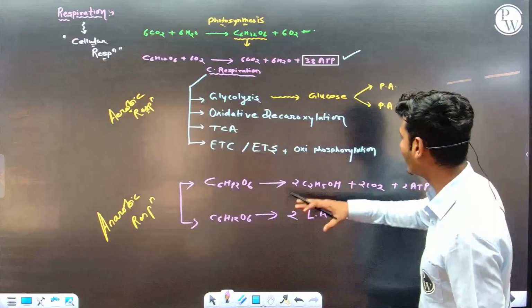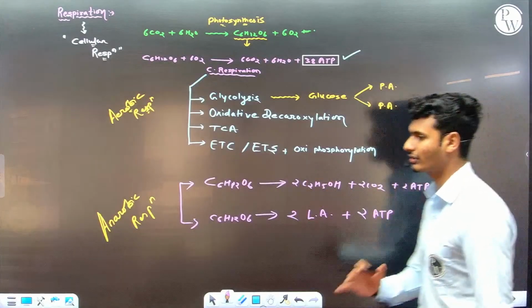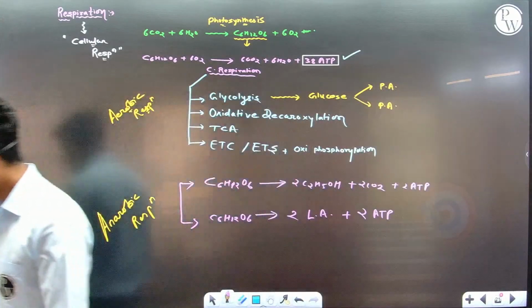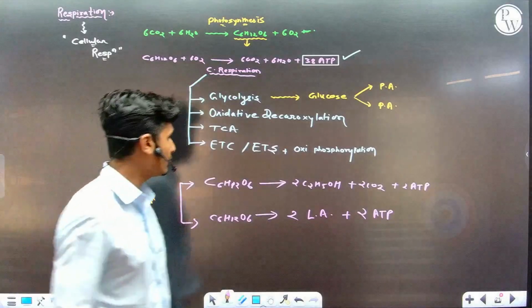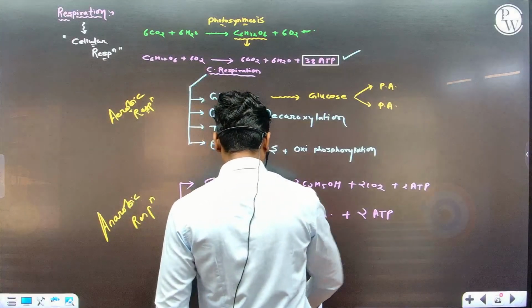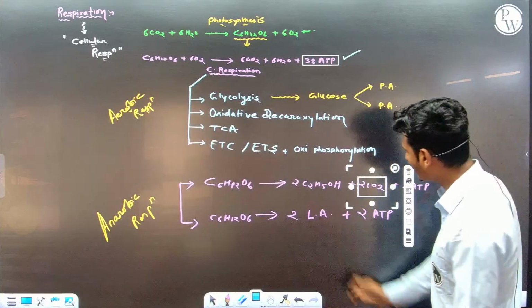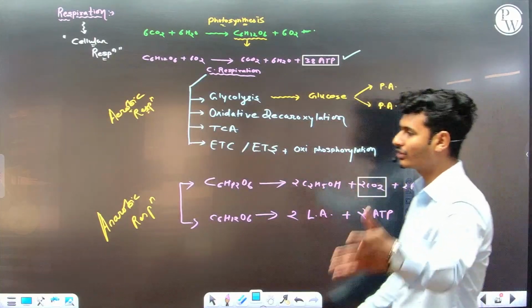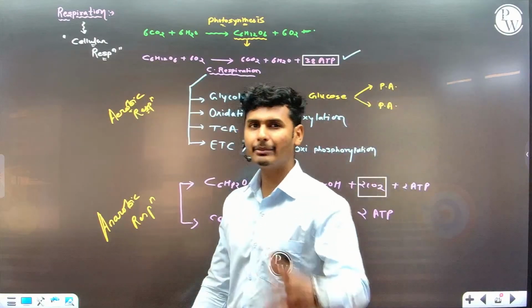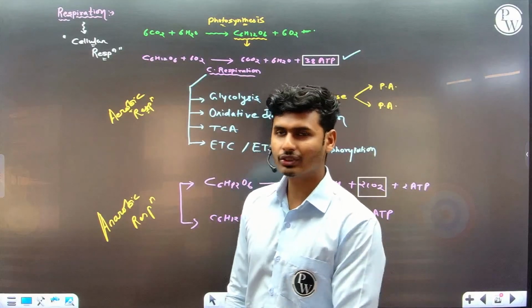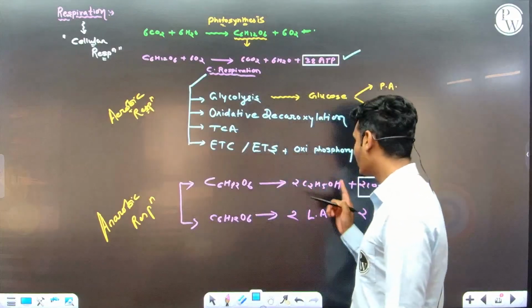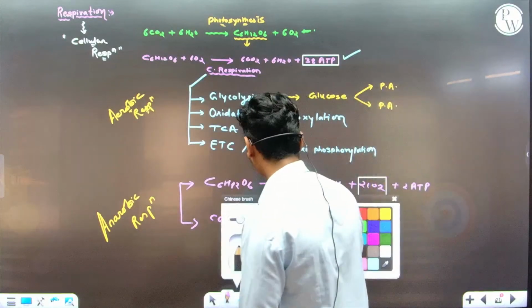If I am talking about alcoholic fermentation, there is the production of CO2. And if I am talking about lactic acid fermentation, there is no production of CO2. Can you tell me why there is no formation of CO2 in case of lactic acid fermentation?